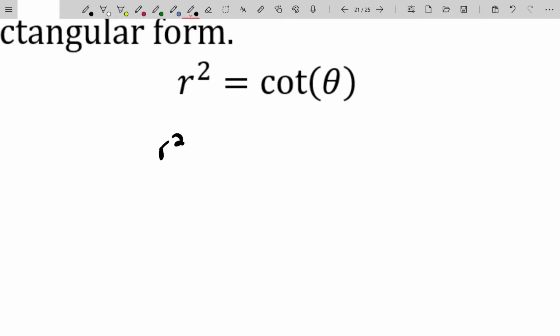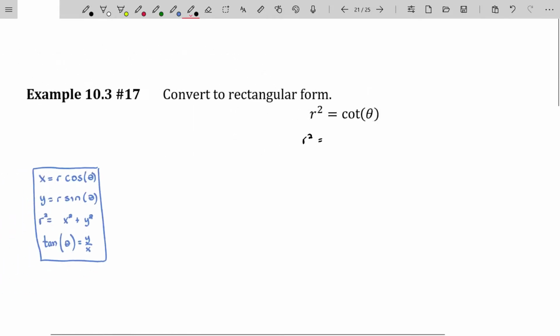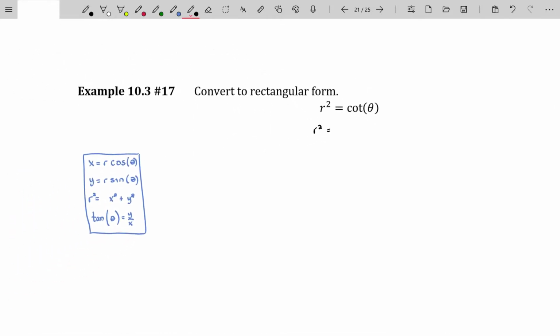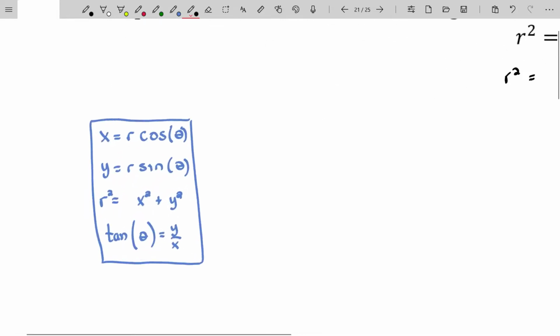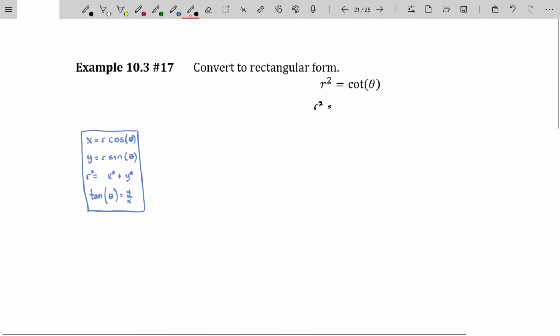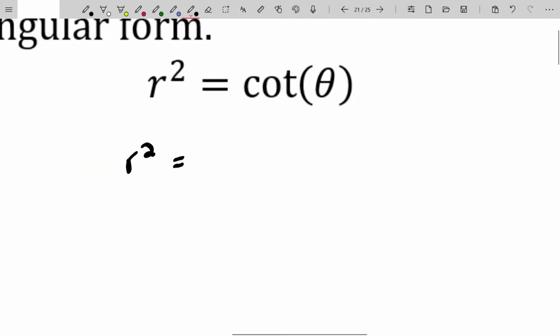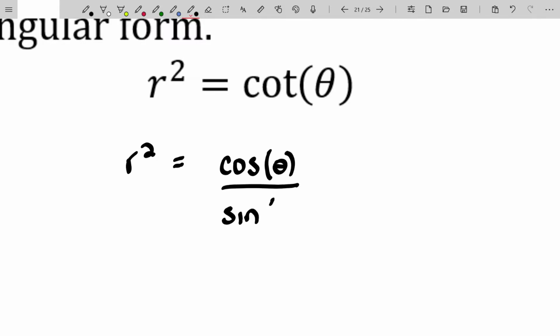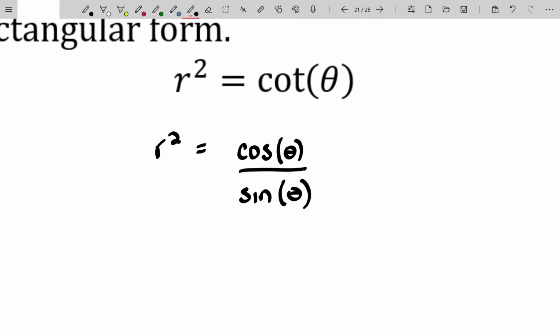Because the conversion process between Cartesians and polars requires cosines and sines, I'm going to change that cotangent out to a cosine of theta over a sine of theta. But then when you look at that, you also should note those don't have r's in front of them, but you can totally multiply the numerator and denominator by r because that's multiplying by 1.